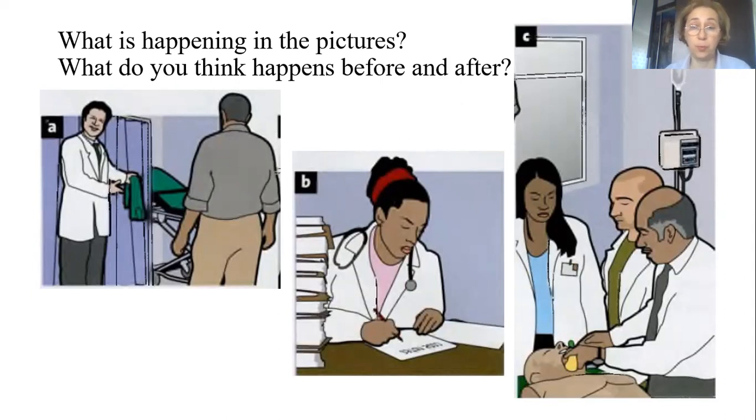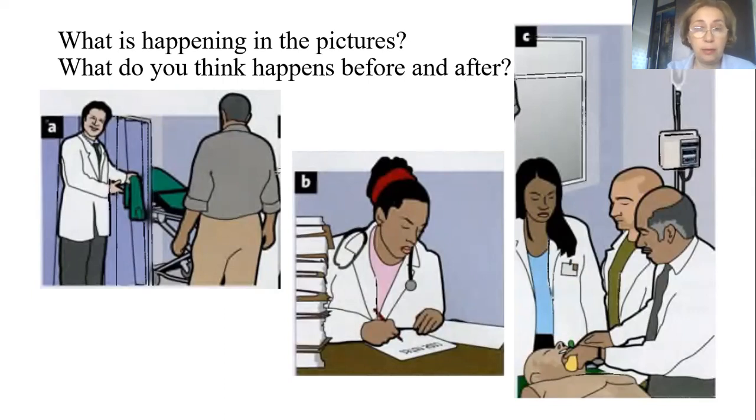Yes, of course, it's possible. Maybe the professor is teaching the junior doctors how to do this kind of procedure, and then after they will just try to do it themselves.